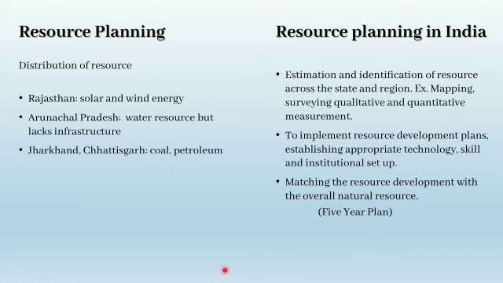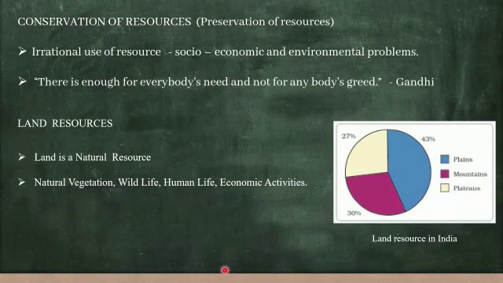The five-year plan is very important, as is the resource planning development plan. Resources are vital for any developmental activity, but irrational consumption and overutilization of resources may lead to socio-economic and environmental problems. To overcome these problems, resource conservation at various levels is important.